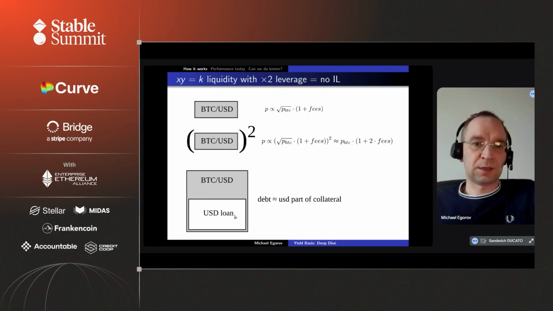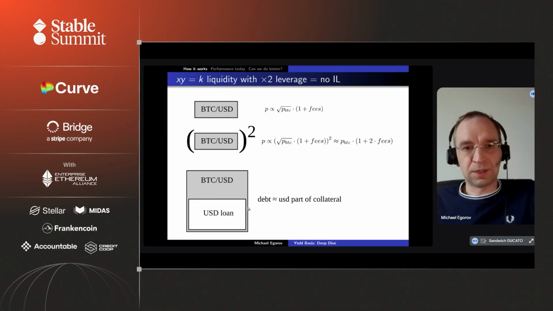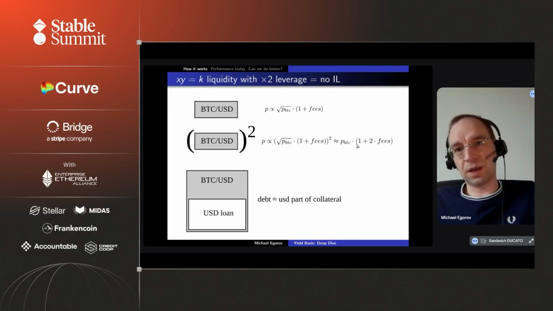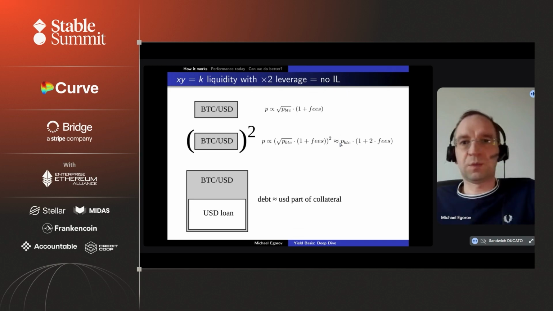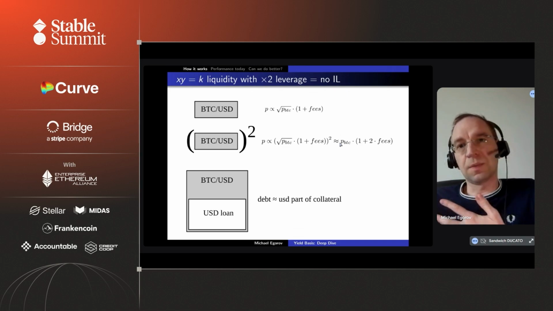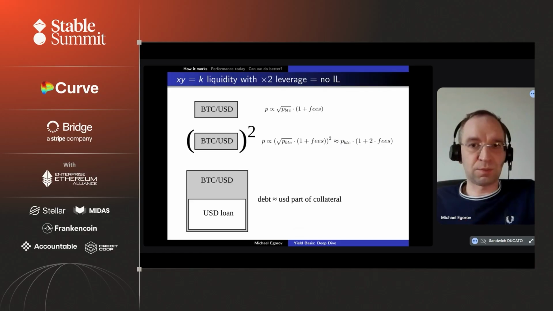So then, using this loan, you just buy more of this liquidity until this ratio of loan to liquidity is 50%. Then it appears that you have factor of 2 leverage, and if you leverage this thing by factor of 2, you get exactly square root disappearing, and you have liquidity price, the eventual position price being proportional to Bitcoin price.